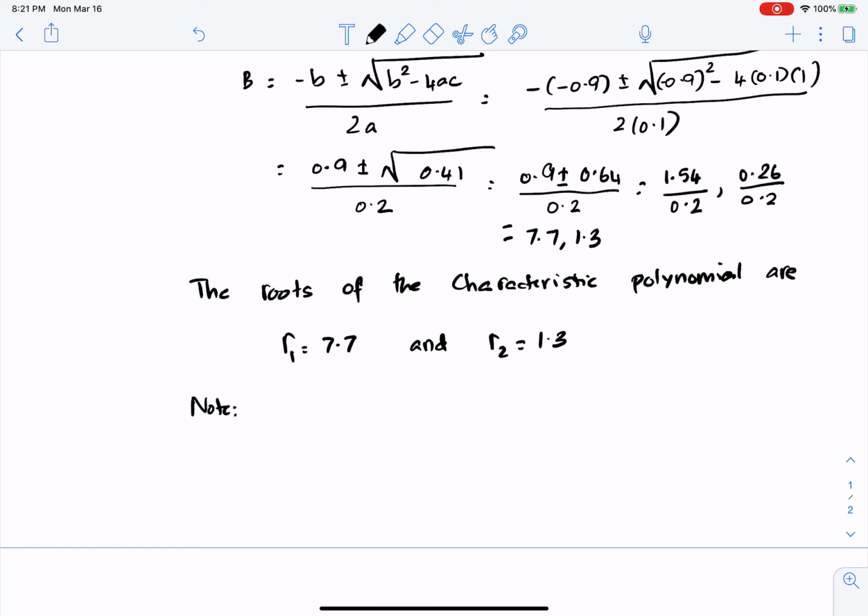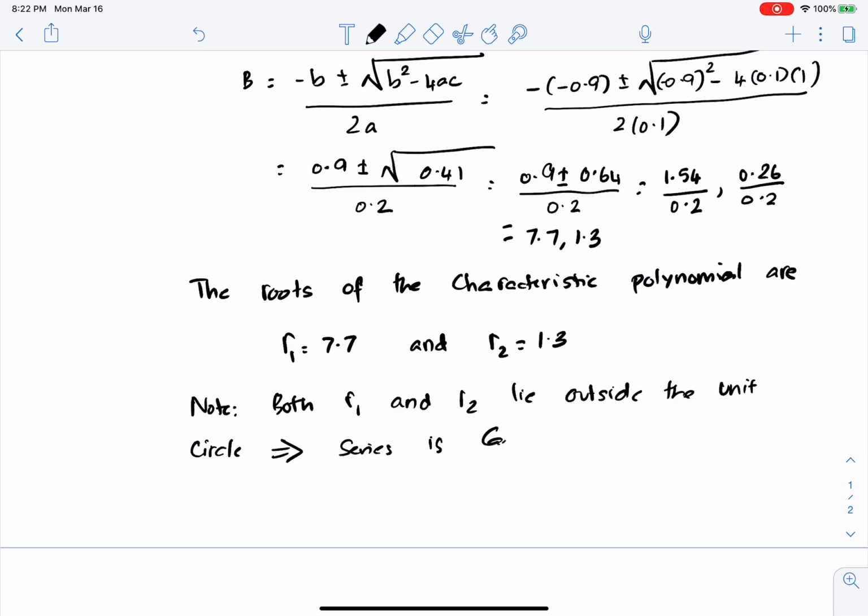Note, both R1 and R2 lie outside the unit circle. This would imply the series is causal and stationary.